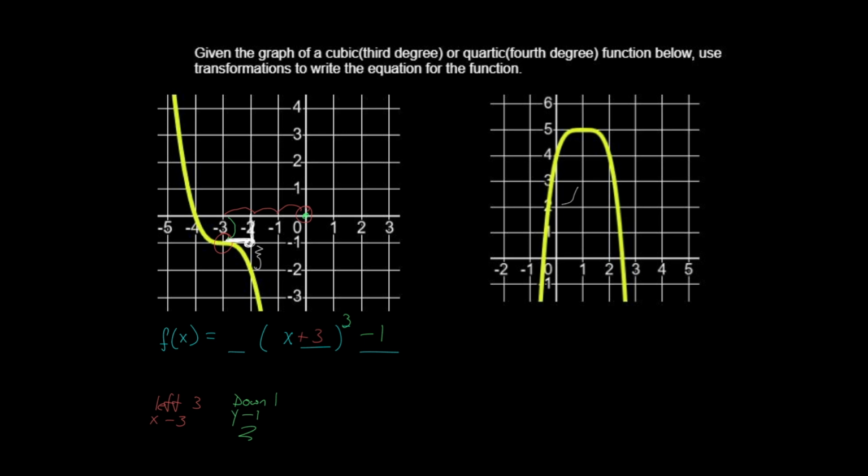Since it goes down 1 instead, we know that we multiply the original value by 1 to stretch it or reflect it in that negative direction. So I know that since it goes down 1 instead of up 1 like it should, this will be -1.